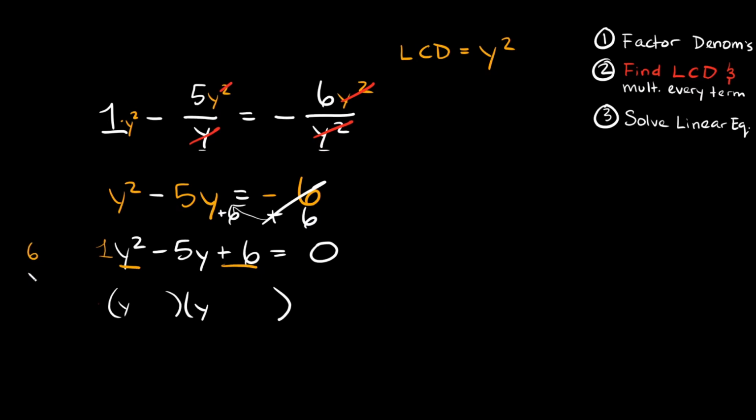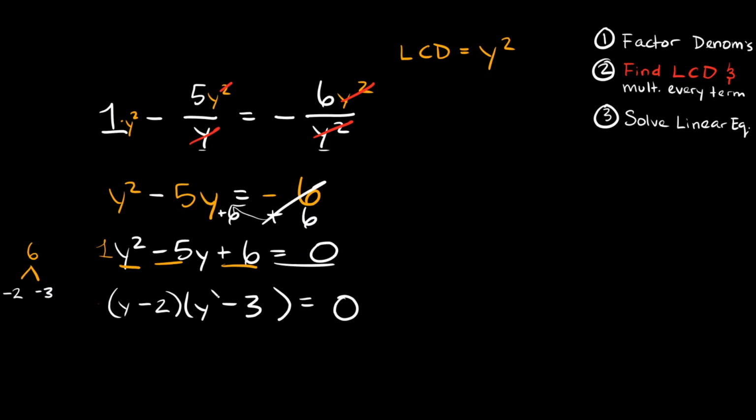What two numbers can I multiply together to get positive 6, but that also add up to the middle number, negative 5? In this case, it would be a negative 2 and a negative 3. So those are the numbers that go right here: minus 2, minus 3. And again, it's still equal to 0.